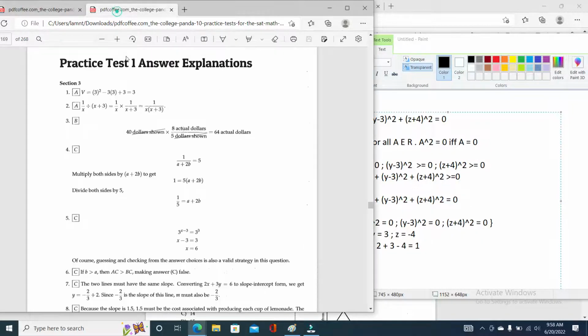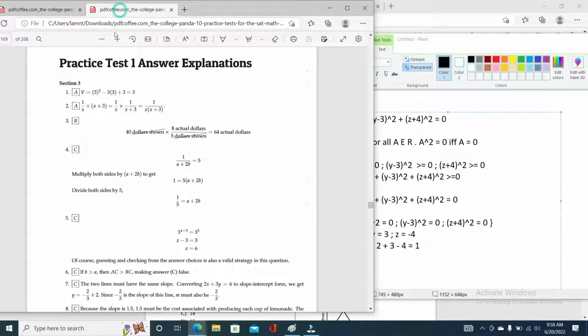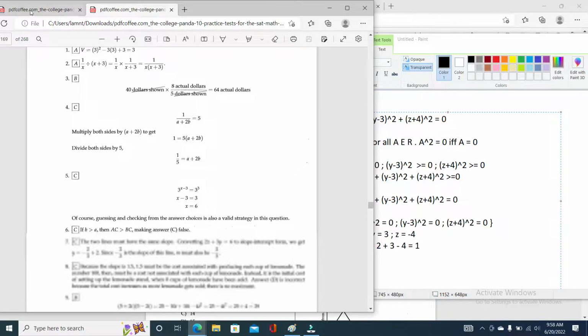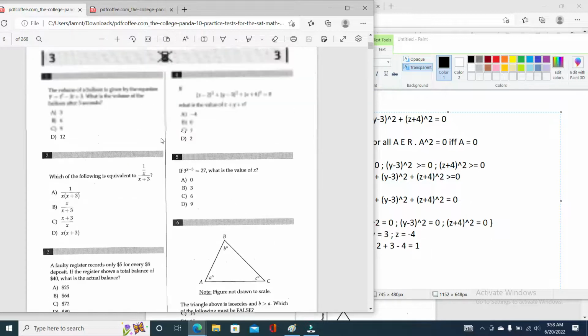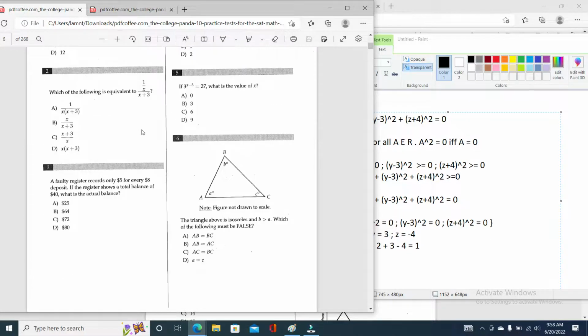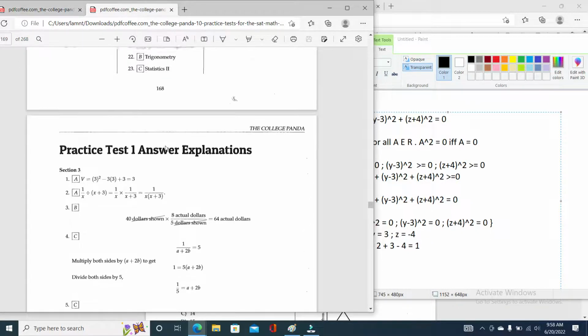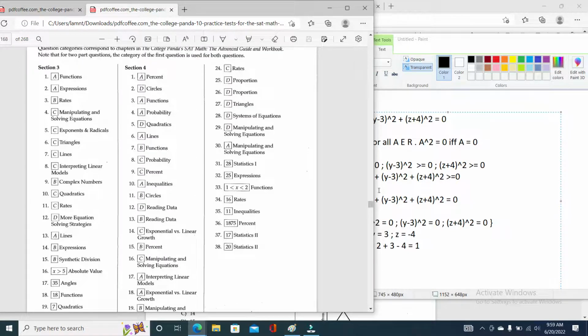For C, that's correct. Under section 1, 4, right? Okay, so they are talking about another one, but I think it's all the same, right?